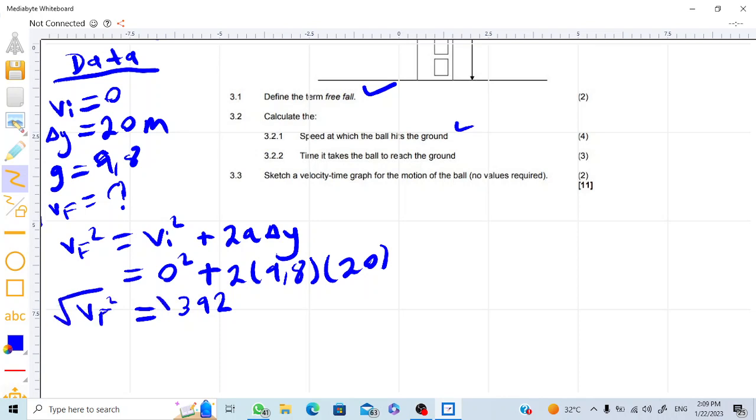So you take the square root of both sides. Now your Vf is equal to 19.8 meters per second downwards.